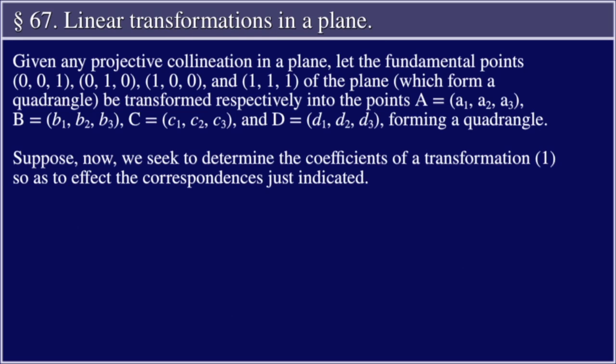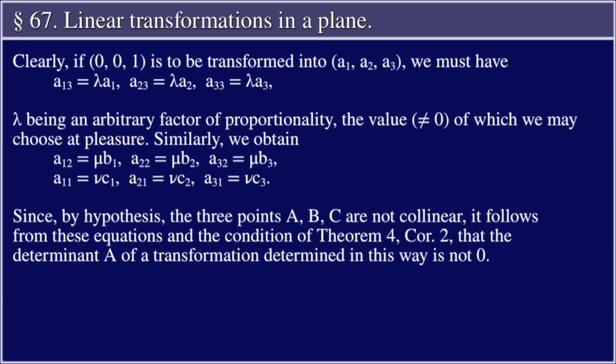Suppose now we seek to determine the coefficients of a transformation 1 so as to effect the correspondences just indicated. Clearly, if (0,0,1) is to be transformed into (A1, A2, A3), we must have a13 equal to lambda A1, a23 equal to lambda A2, a33 equal to lambda A3, lambda being an arbitrary factor of proportionality, the value not equal to 0 of which we may choose at pleasure.